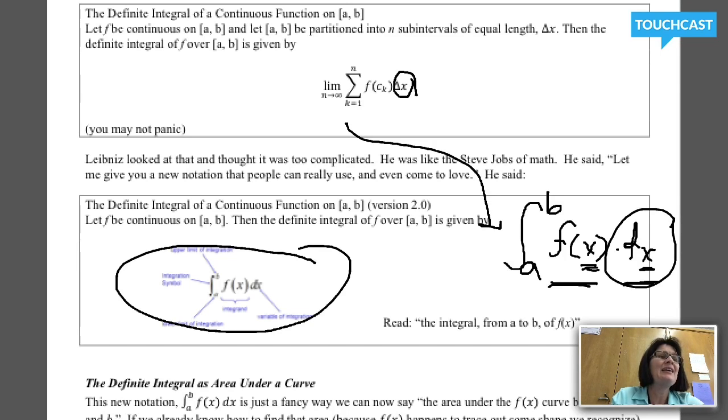So this is an infinitely small change in x. But we leave it there because it reminds us what this integral means, which is I'm going to add up a bunch of areas of rectangles. And the area of the rectangle comes from the height times the width.